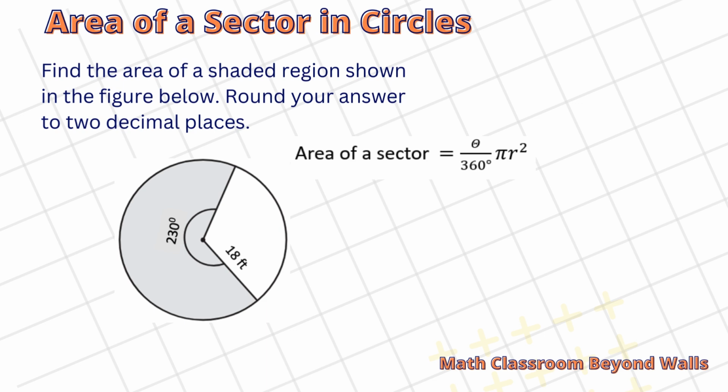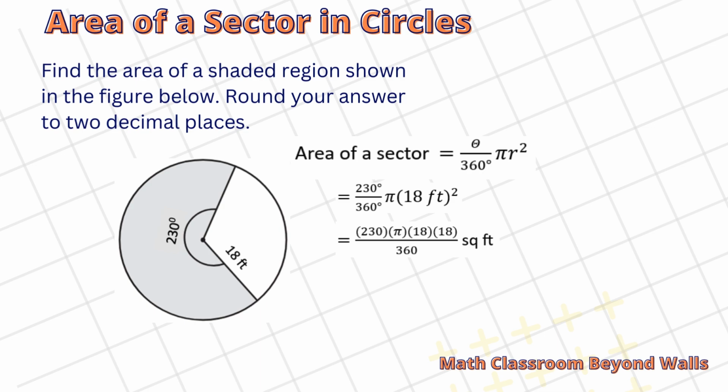Plugging in the given values of theta and r, we have this. Remember that 18 squared means 18 times 18 and not 18 times 2. Putting all the numerators together, we have this. At this point, we can use a calculator to simplify the fraction.